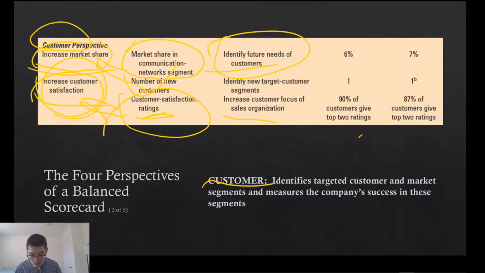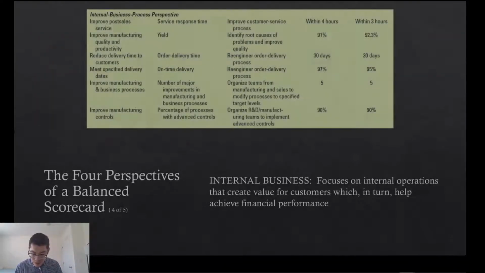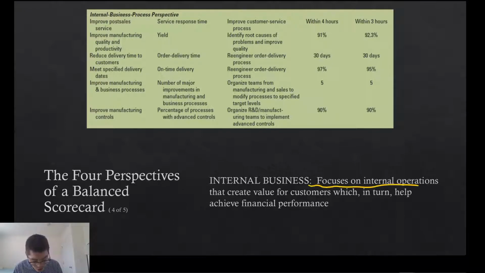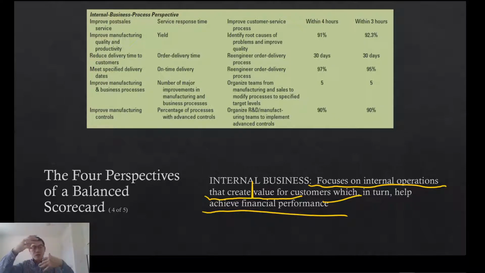All right. So this is customer perspective. And next is the internal business. Internal business focuses on internal operations that create value for customers, which in turn help achieve financial performance, right? Basically, we understand from customer perspective what they need, and we are trying to increase their customer satisfaction.